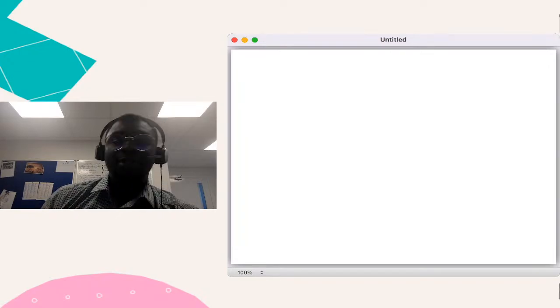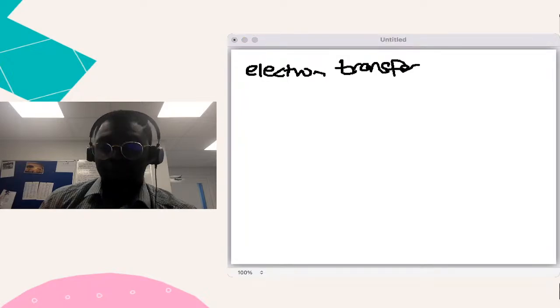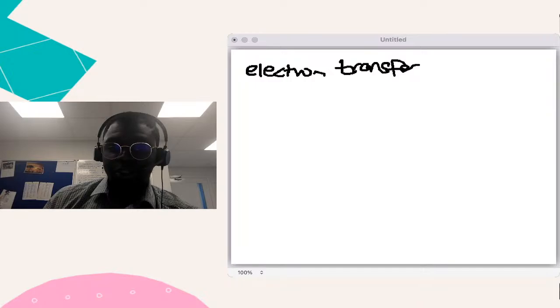Now, when we think about oxidation and reduction, what we're really thinking about is electrons. We're thinking about electron movement and transfer. Hopefully, this is a concept that you're not too unfamiliar with, because electron transfer is something you would have seen in the context of metals and nonmetals when they react.